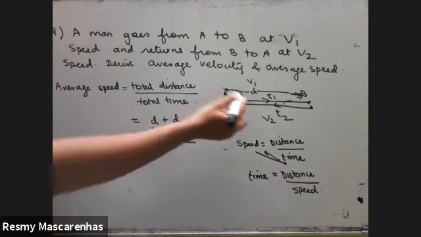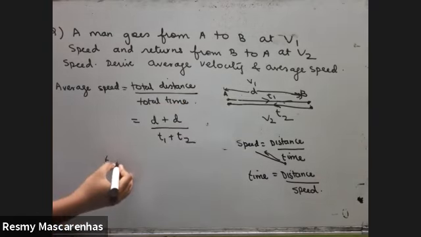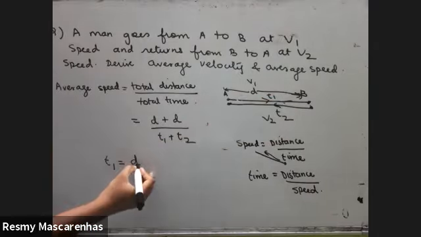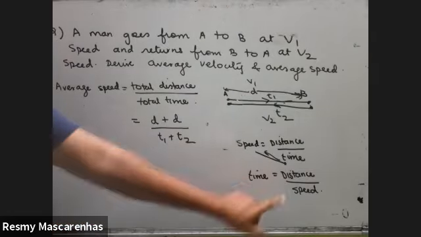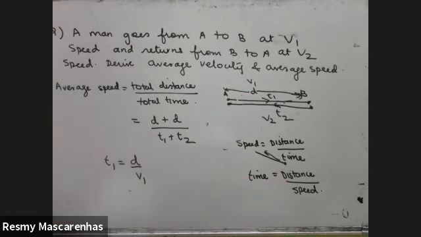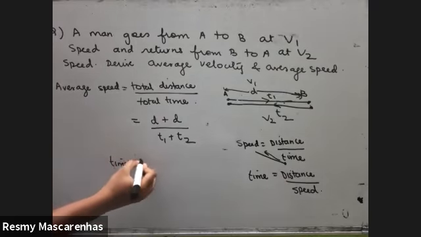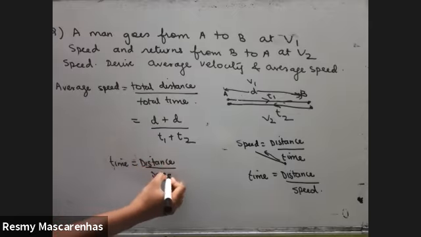So let us check over here. What will be T1? T1 will be nothing but, what is the distance covered? D. And what is the speed? V1 as per this. You can write here also, no problem. So time is nothing but distance upon speed. How did we get it?